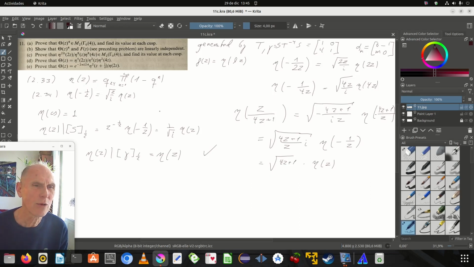On the other hand, I don't really believe this, because wouldn't that imply that eta squared is in M1 of gamma naught of 4?